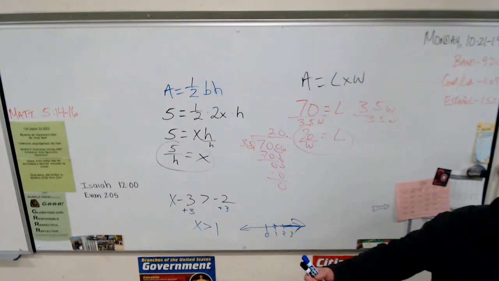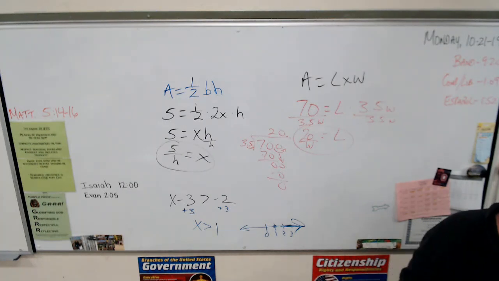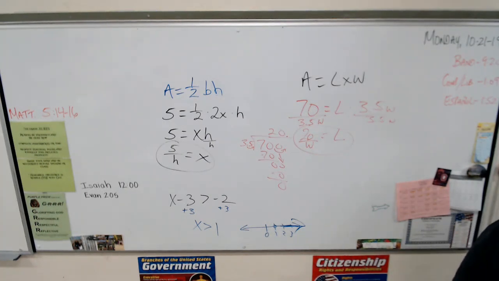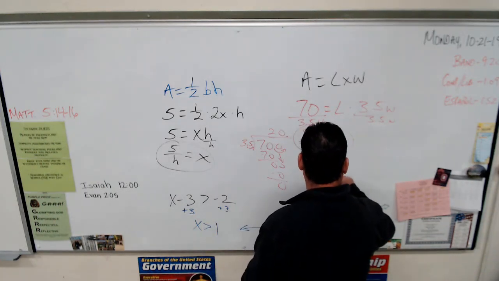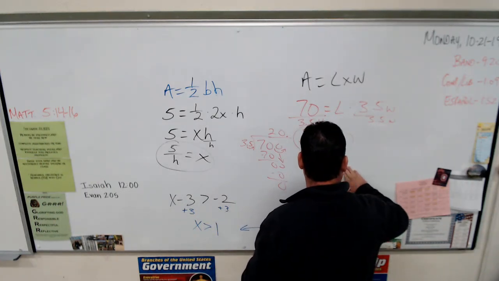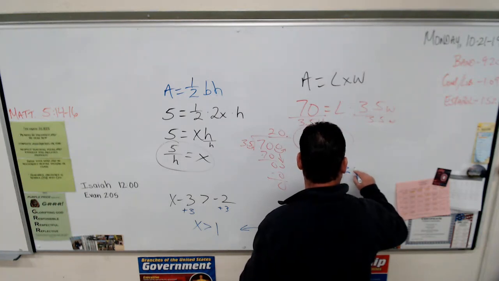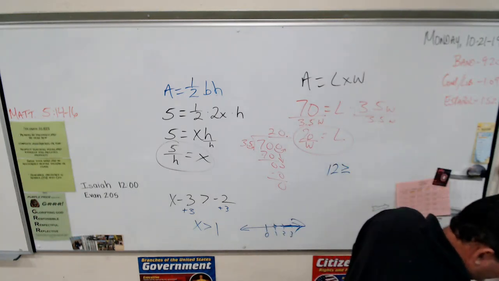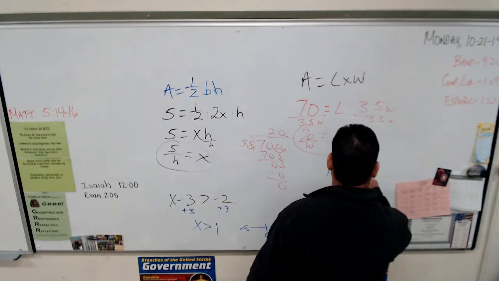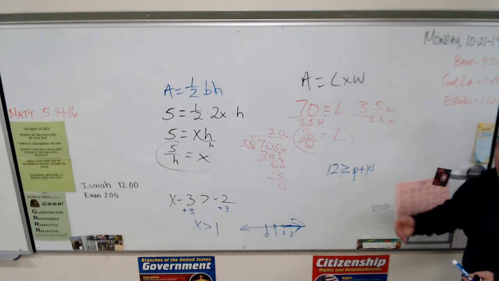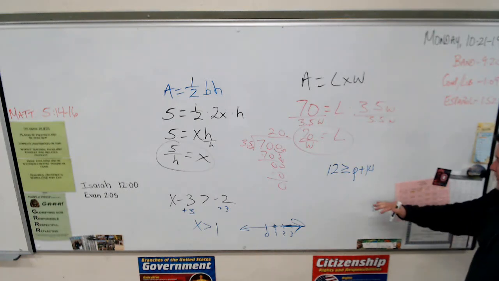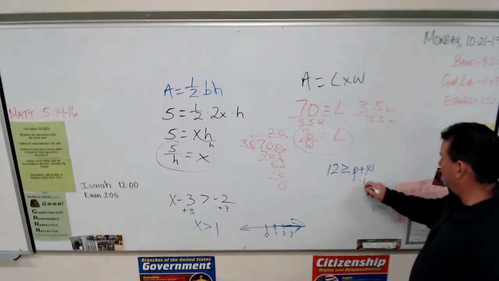Let's go to number 7, at the bottom of page 141. 12 is greater than or equal to P plus 14. How do I get rid of the positive 14? I subtract 14.